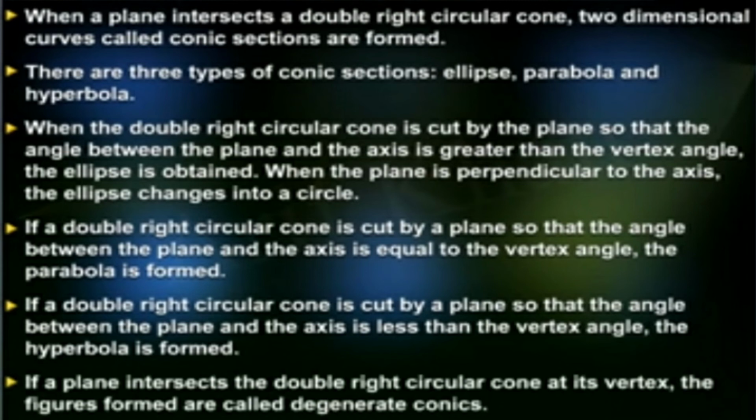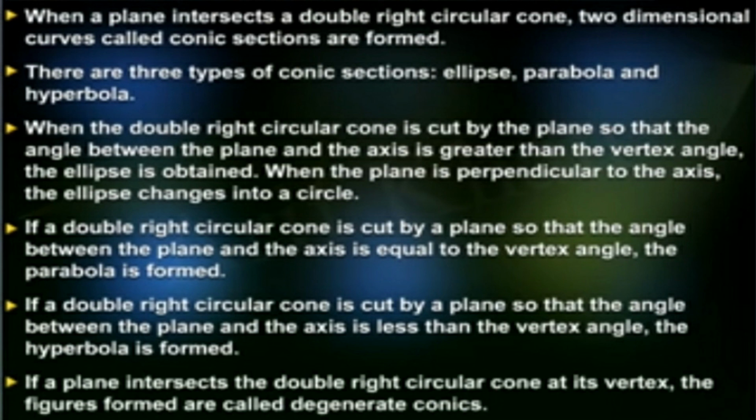If a double right circular cone is cut by a plane so that the angle between the plane and the axis is equal to the vertex angle, then a parabola is formed. If the angle between the plane and the axis is less than the vertex angle, then a hyperbola is formed.